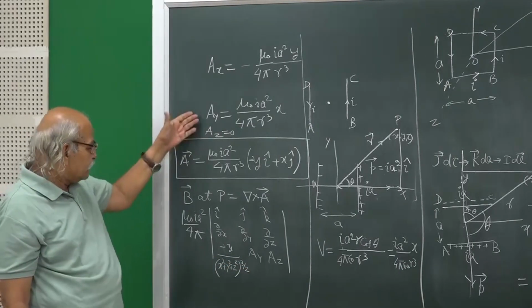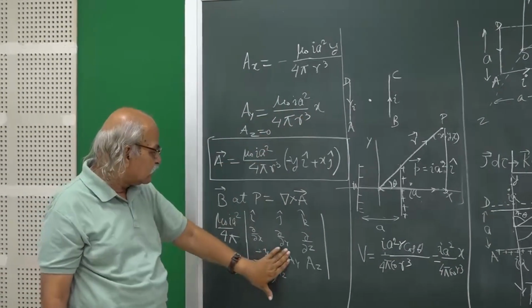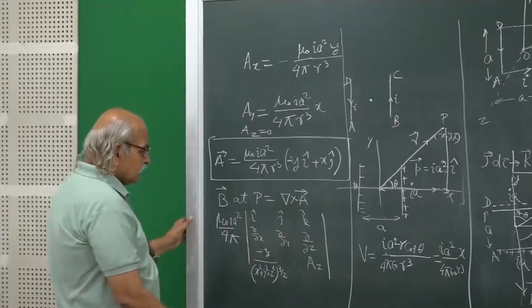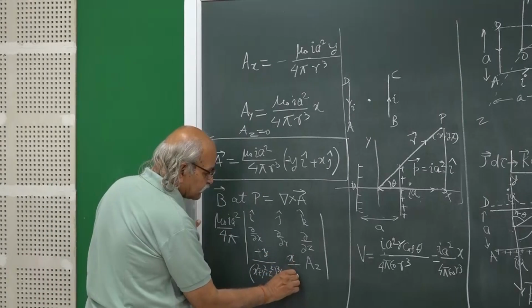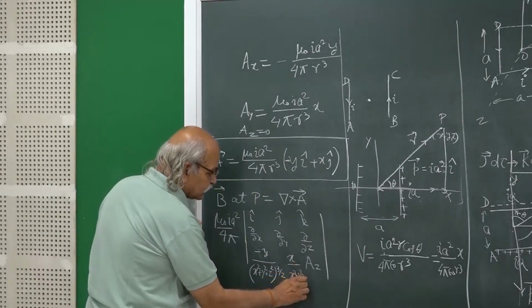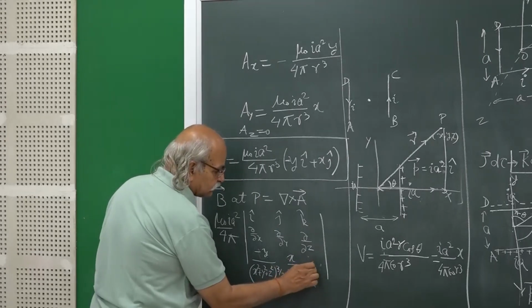Similarly, a y, all these things are common, and after that x divided by x square plus y square plus z square to the power 3 by 2, and a z is of course 0.